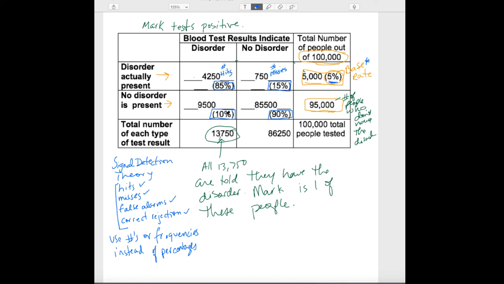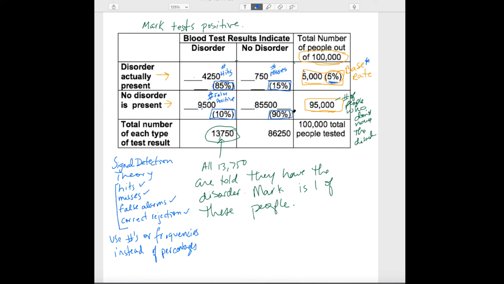So this 10% is coming from this large number of people, this 95,000 people who don't have the disorder. So 10% of 95,000, that gets us to 9,500 people. These are the 9,500 people who are tested and falsely told they have it. This is the false positive rate or the false alarm rate.